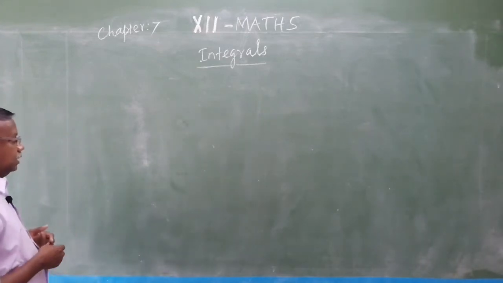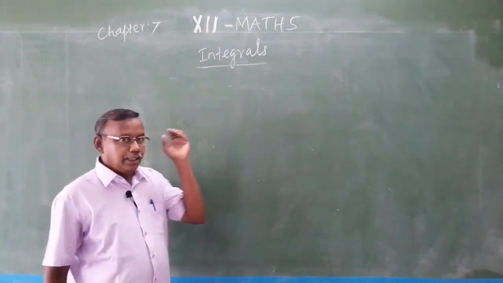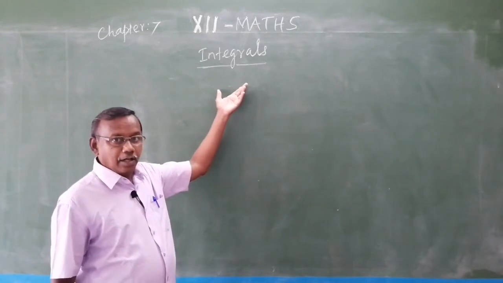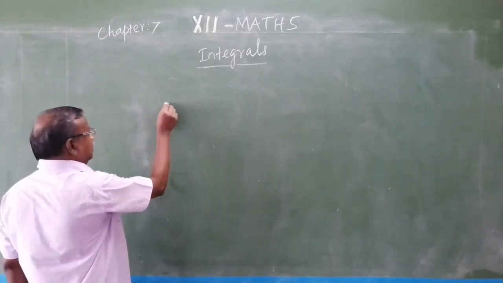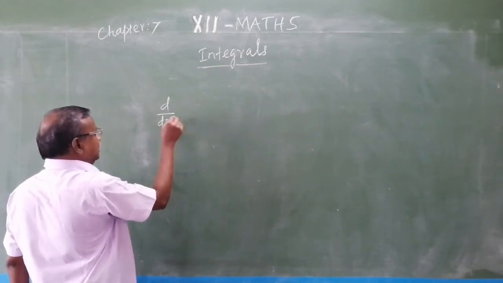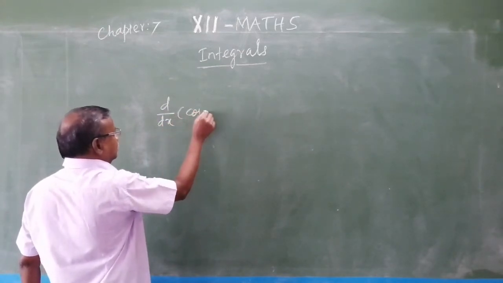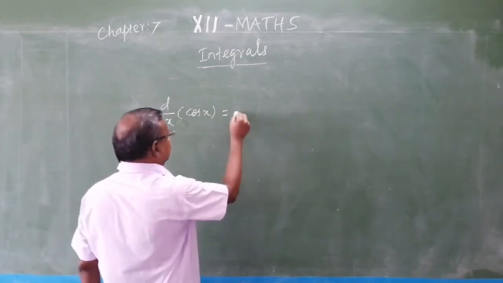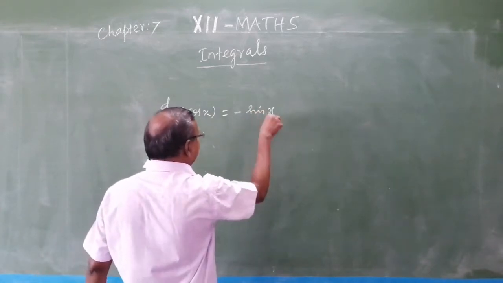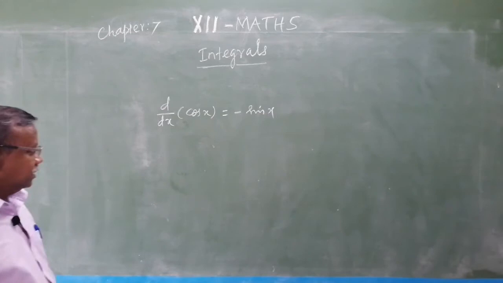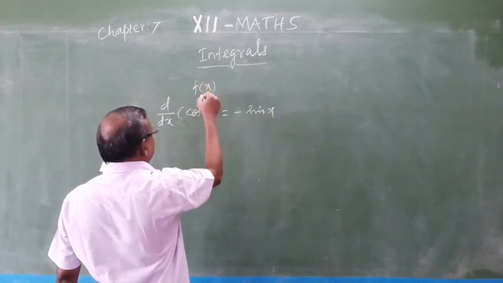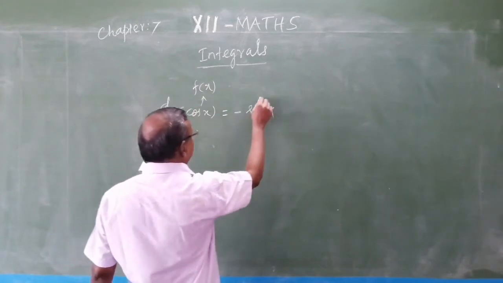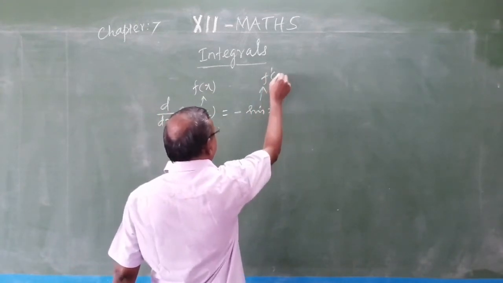Now, in other terms, integration is antiderivative. Now consider, we know that d by dx of cos x equal to minus sin x. So, if cos x is f of x, then minus sin x is f dash of x.